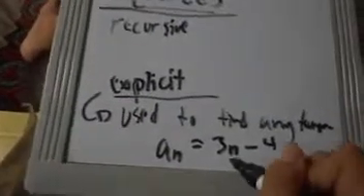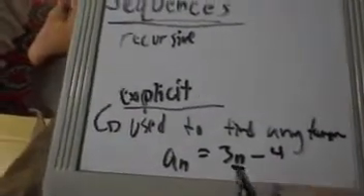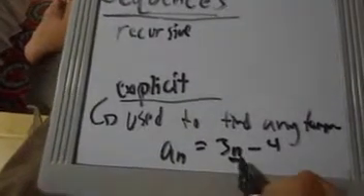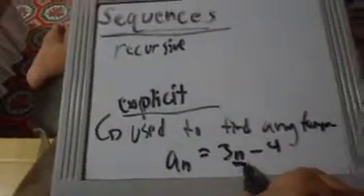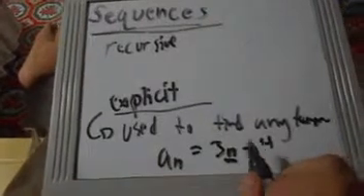Any term. Its example is a sub n equals 3n minus 4. As you can notice here, any term can be found easily. Just simply substitute the number of the term here, then you'll get the term.